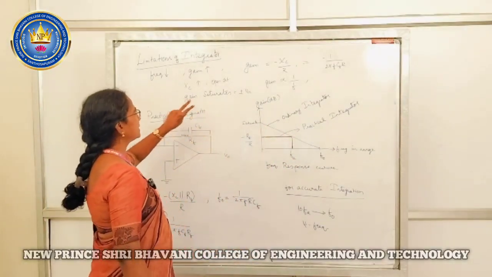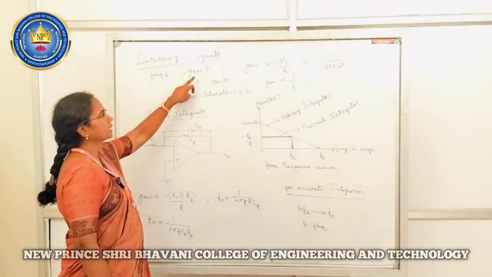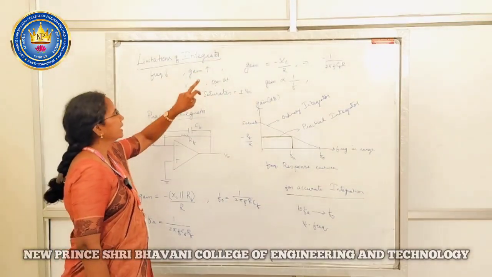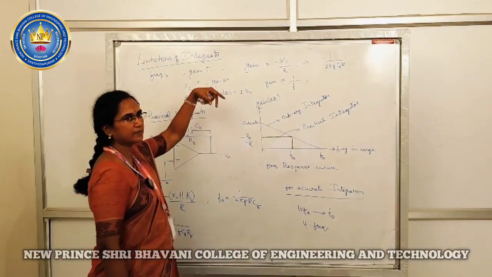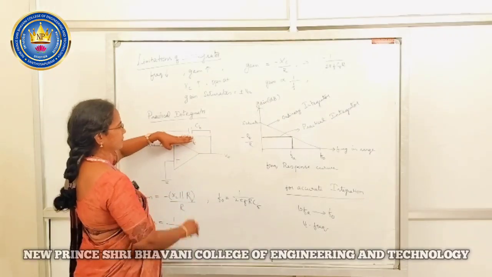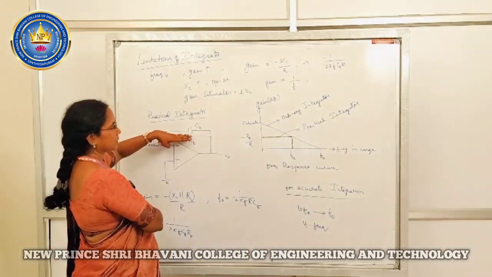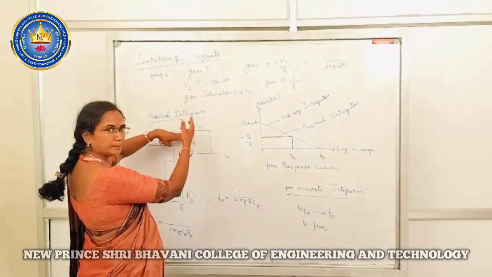So what is the limitation in the normal integrator is, when the frequency is low, the gain is high. So when the gain is high, it is directly proportional to Xc. The capacitive reactance will be very, very high. And in the circuit, without this RF, the normal integrator circuit is this. So in the circuit, this capacitive reactance will become very high.